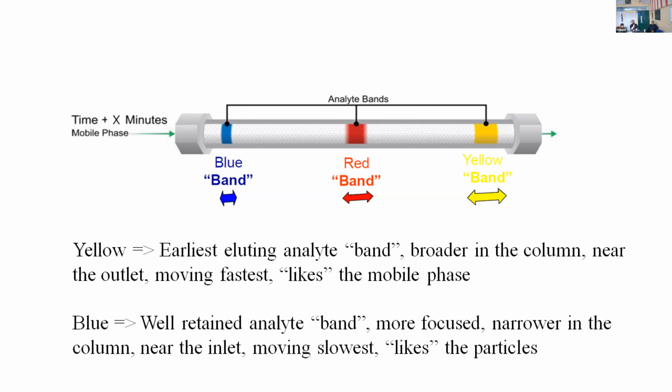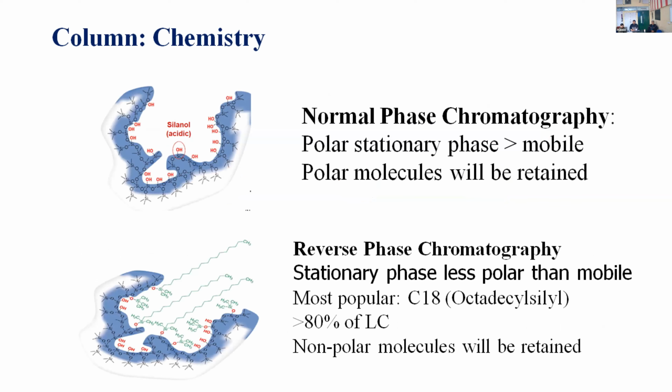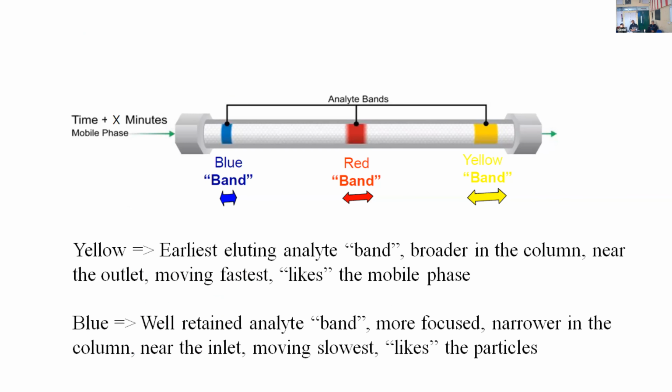On the other hand, the blue compound has more affinity to bind with the stationary phase and less affinity with the mobile phase. So it will move slow, and it will take more mobile phase to elute out from the column.